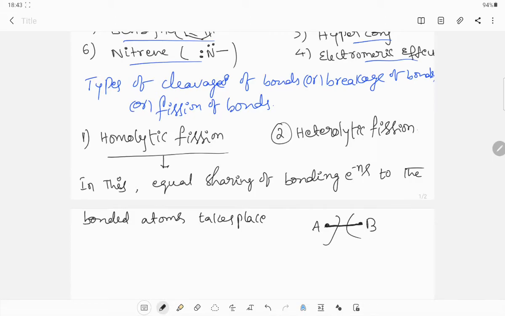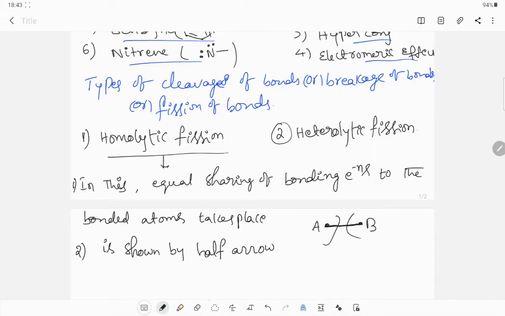Next, the second point we need to study here: homolytic fission is shown by a half arrow to break the bond homolytically.